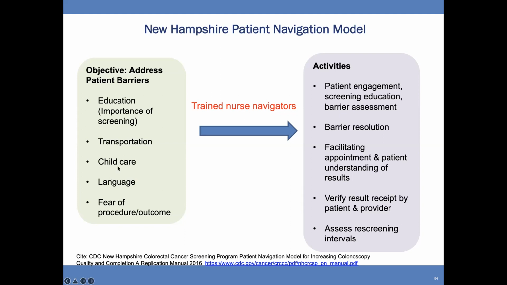If they want to go, they may not have someone to take care of their children, they speak a different language, or they fear the procedure and the outcome after they find out they have a positive test, right? So there are a lot of barriers here, and this is mostly from the socioeconomic angle. This is what this study tried to address.